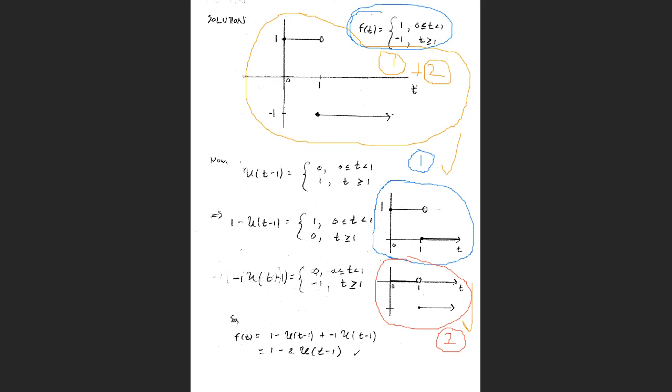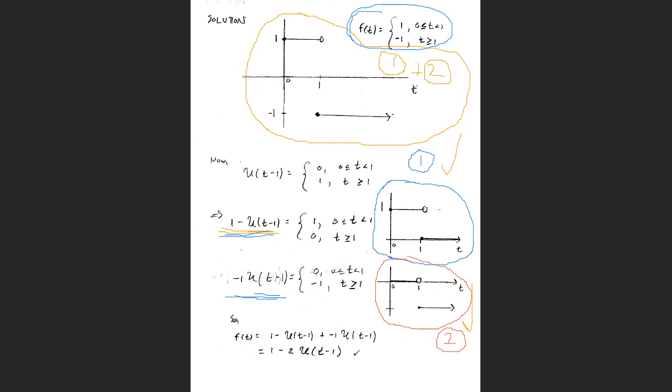Well, all right, think of it like this. Okay, watch this. We're going to add this function here. Let me put it in blue. We're going to add this function here, 1 minus the unit step function, to -1 times the unit step function.